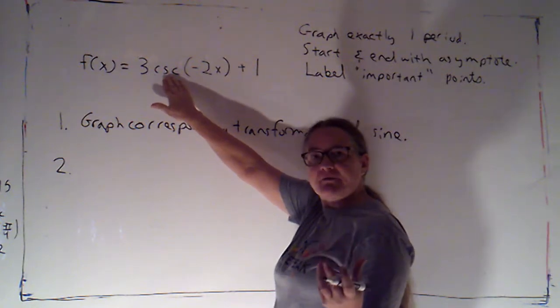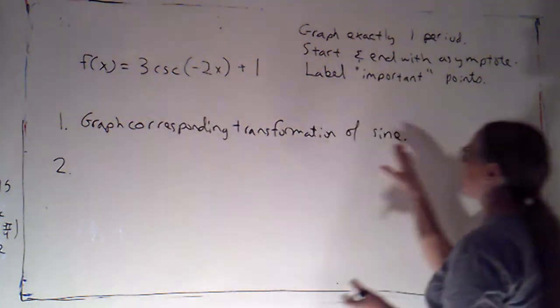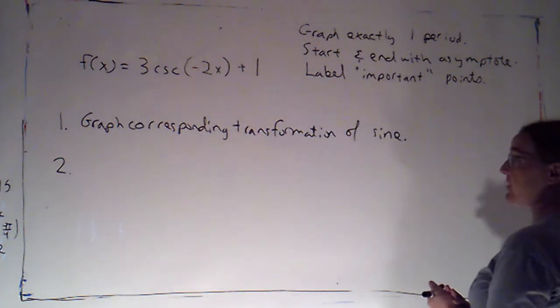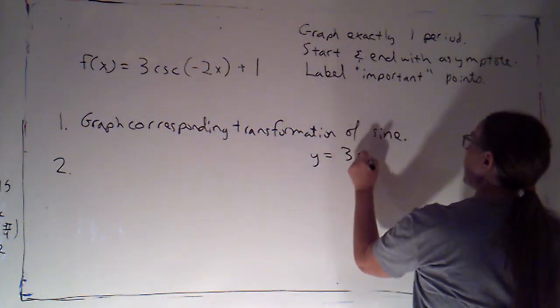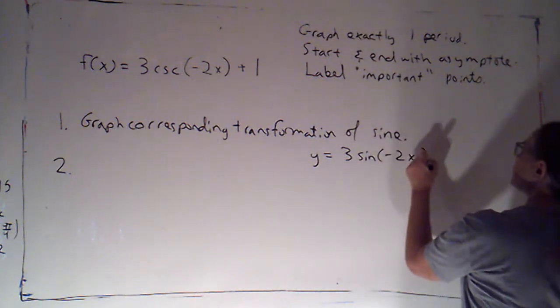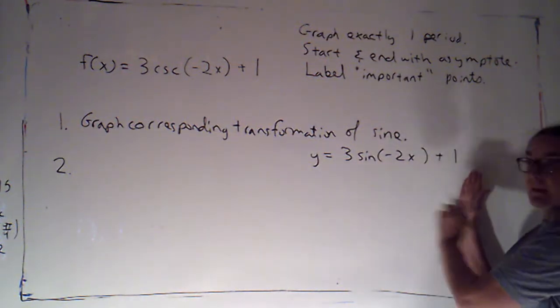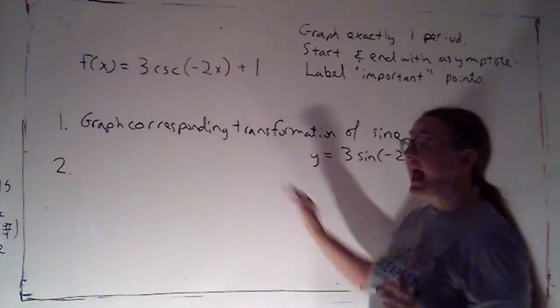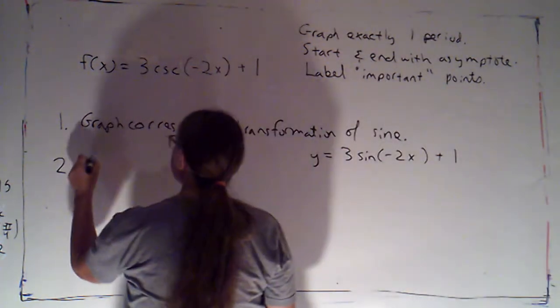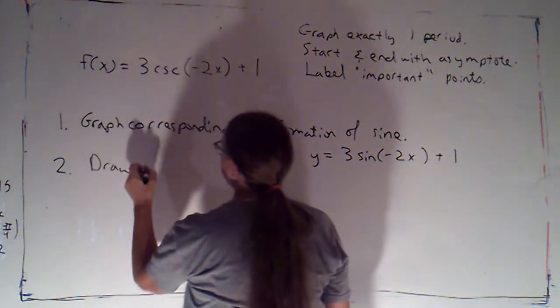If I were doing a transformation of secant, I would start with the corresponding transformation of cosine. So that would be y equals 3 sine of negative 2x plus 1. So I'm going to graph that first. Once I have that, I'm going to draw in the asymptotes and flip the bumps.